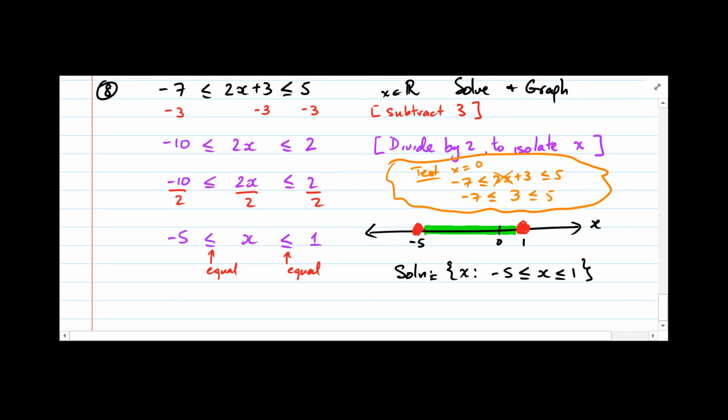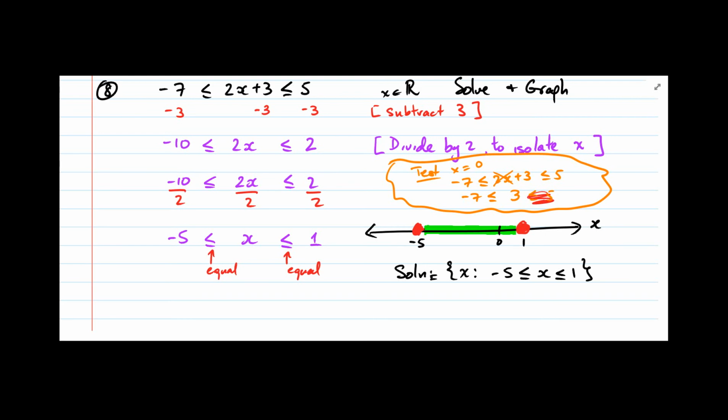When I look at this, and if I were to cover this portion, and I looked at it, I would have negative 7 is less than or equal to 3, which is a true statement.